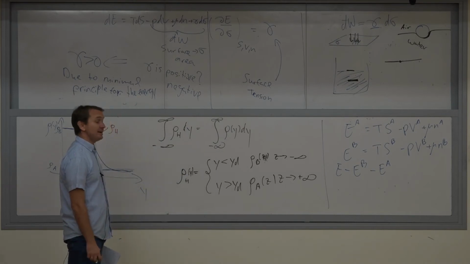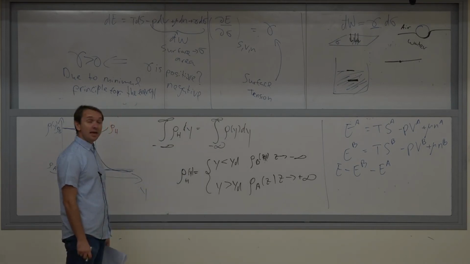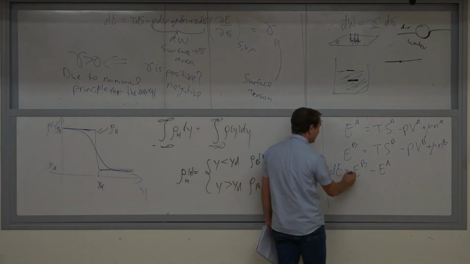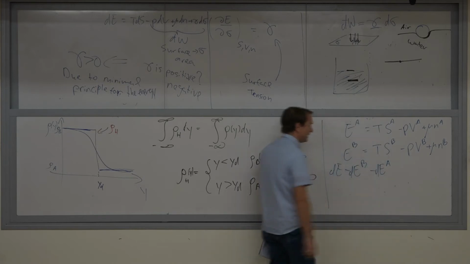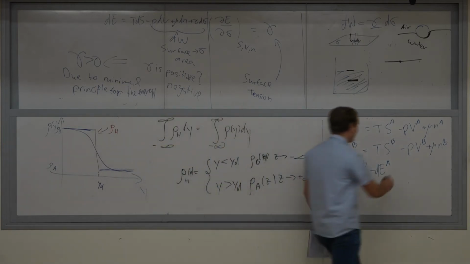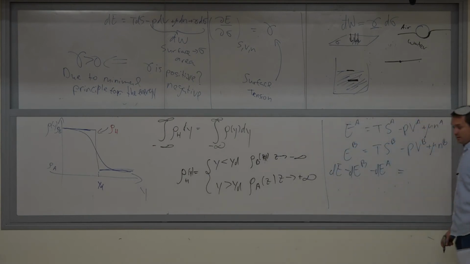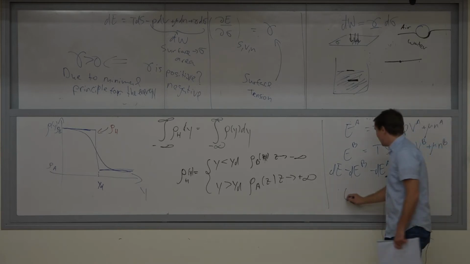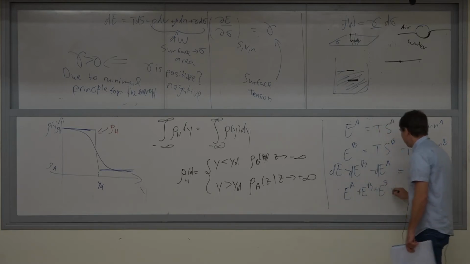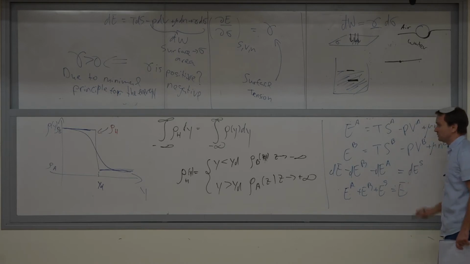And we will obtain the energy of the surface, or we can take dE minus dE_B minus dE_A, right? And then what we will be left with is dE_S. Why? Because E_A plus E_B plus E_S equals the total energy.